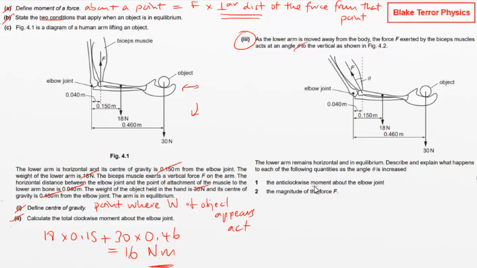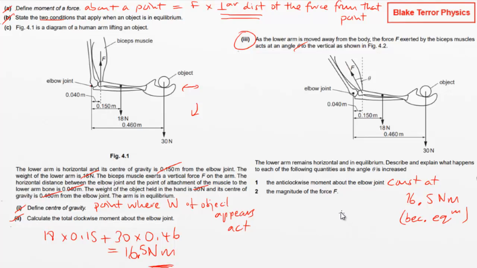The anti-clockwise moment about the elbow joint must stay constant at whatever it was, 16.5. I left the 0.5 off of there. Got it on my calculator, but I didn't write it in for some reason. 16.5 newton meters, because in equilibrium. So there's no harm in putting that one in as well, because at equilibrium.